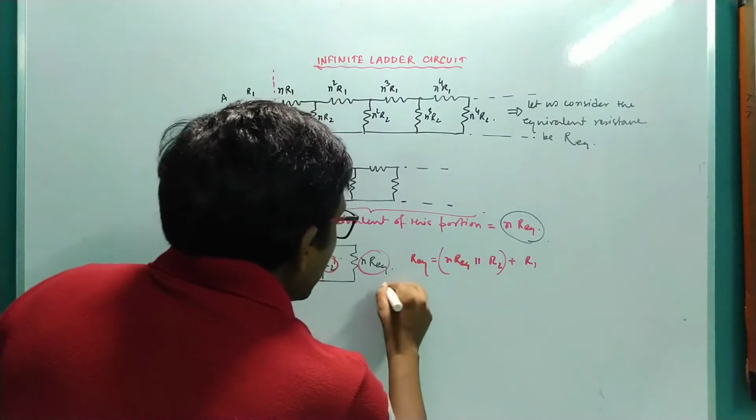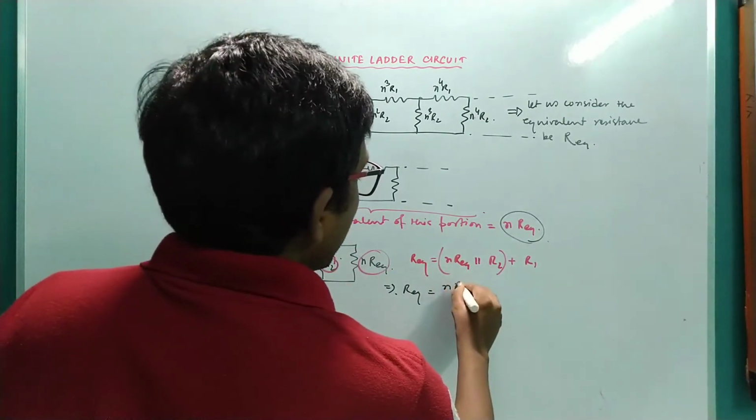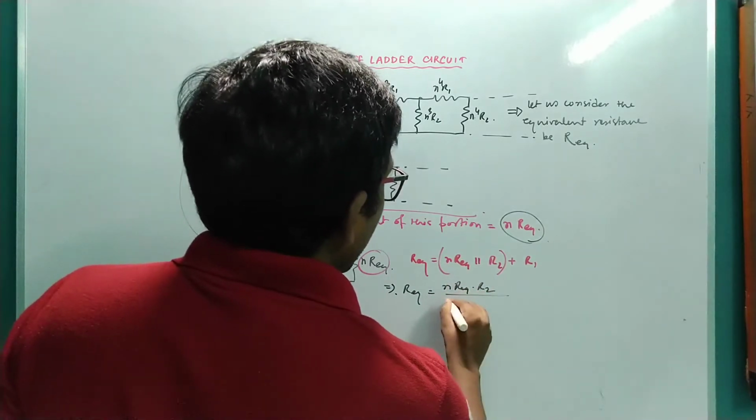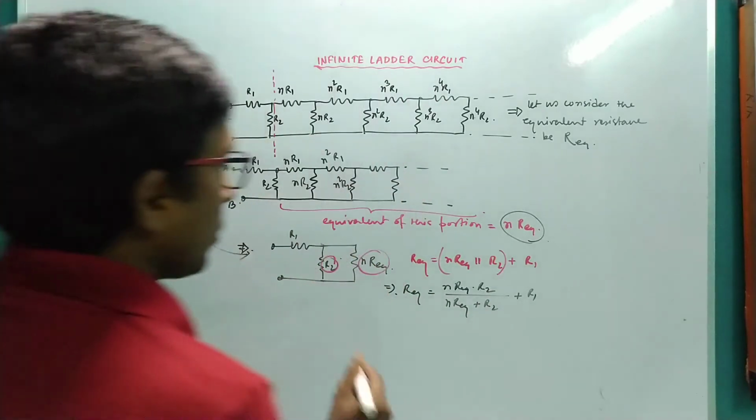Now R equivalent equals N R equivalent times R2 divided by N R equivalent plus R2, plus R1.